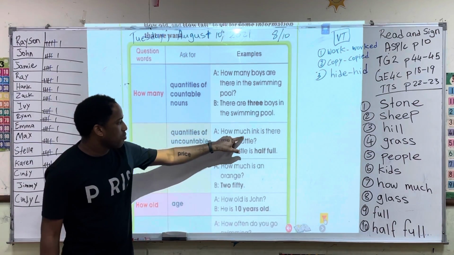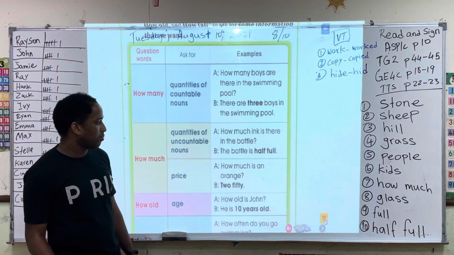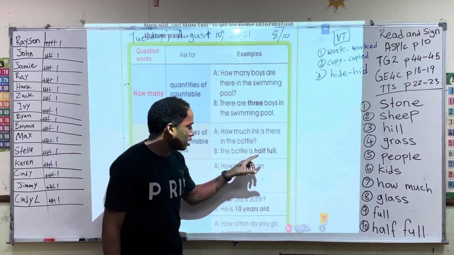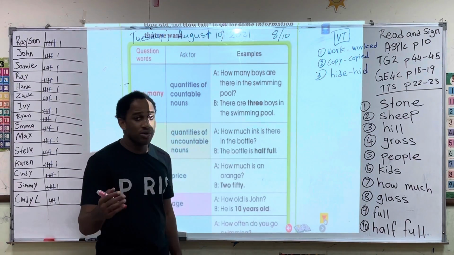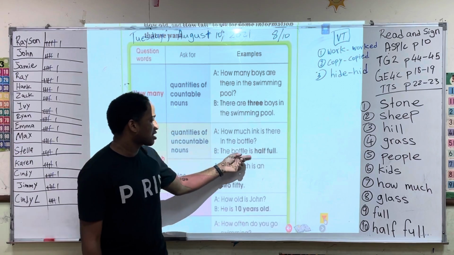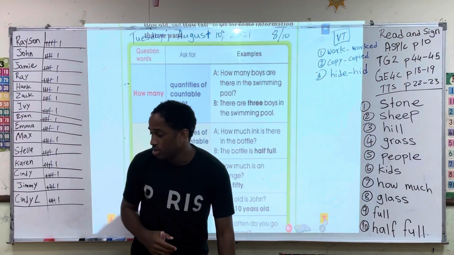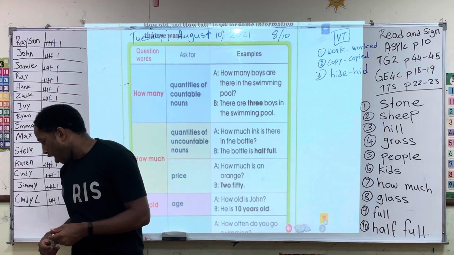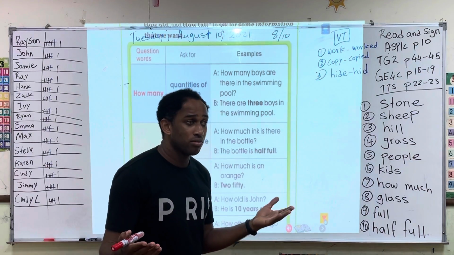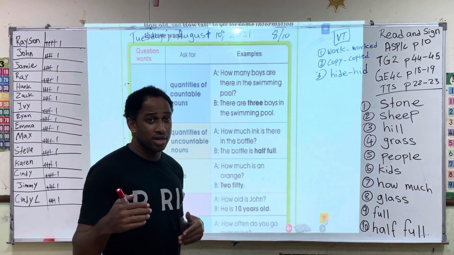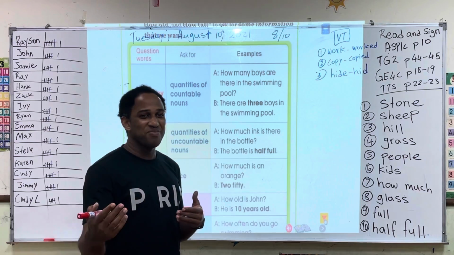So how much ink is there in the bottle? The bottle is half full. How much water is there in the glass? The glass is full. Or we can say, how much coffee is there in the cup? The cup is empty.